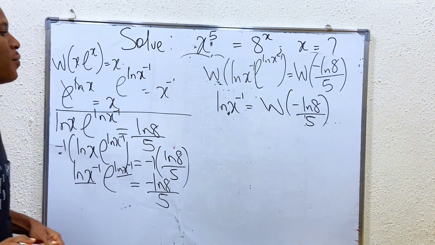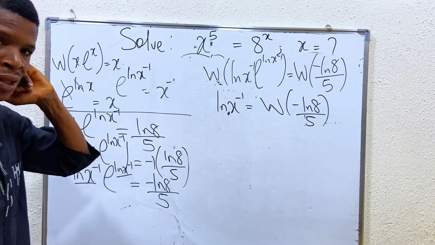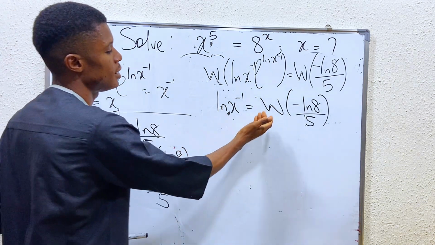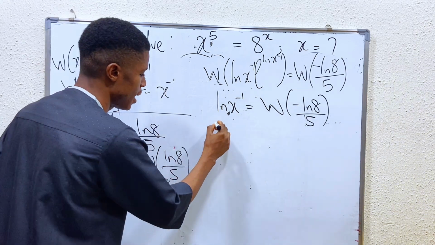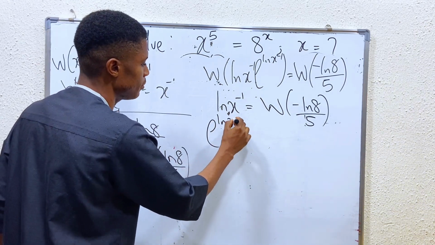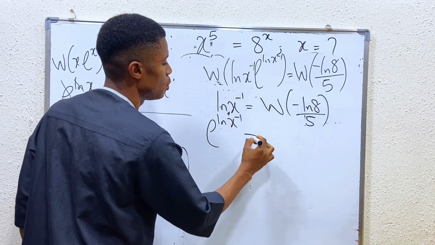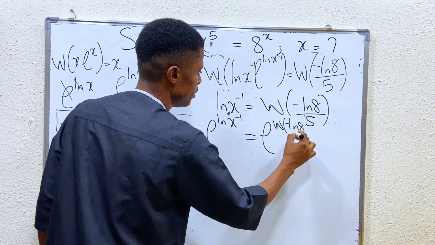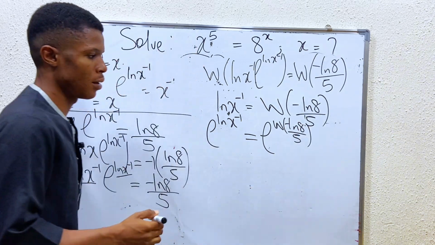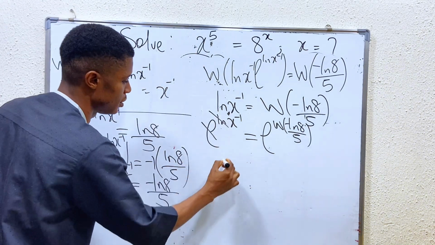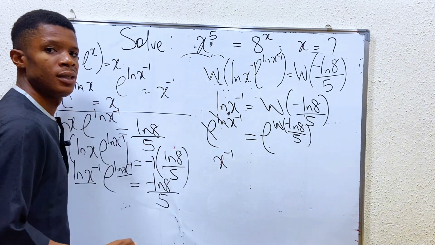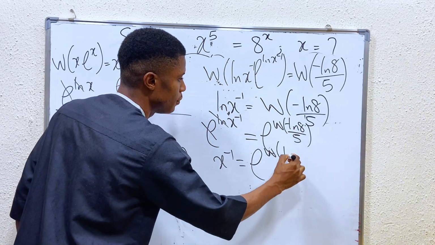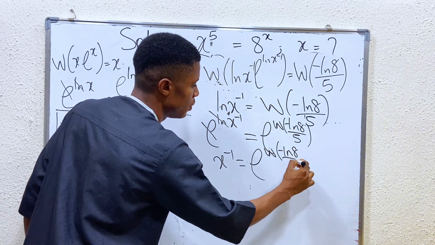Now this is a minus power. So what do we do to get rid of the natural log? We have to take the exponent, right? If I take the exponent of ln x to the power minus 1, I should also take the exponent of the Lambert W function of minus ln 8 over 5.